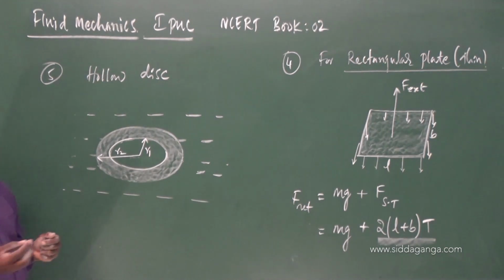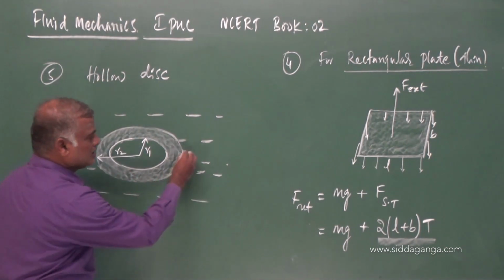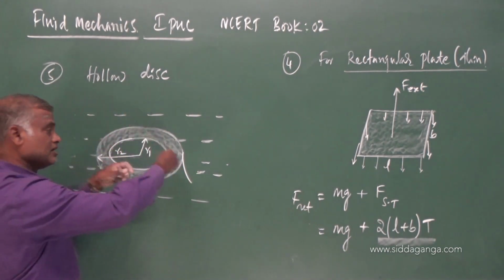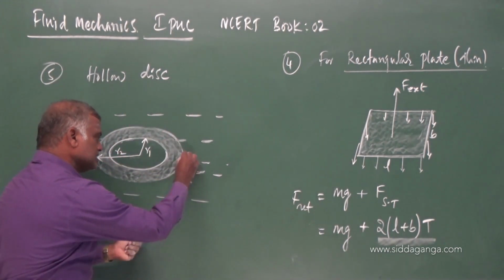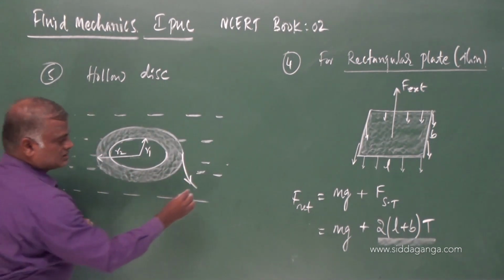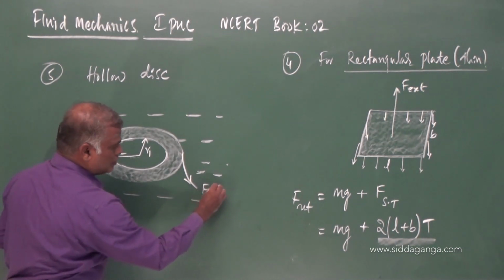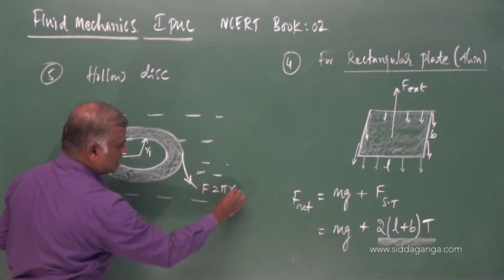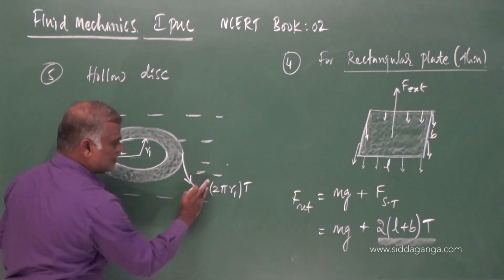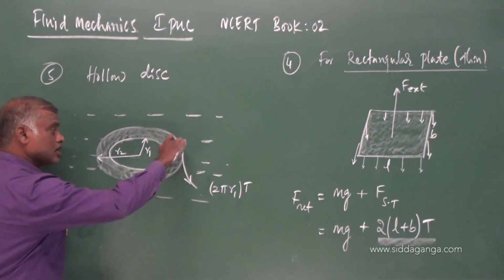Again, as I told previously, when lifted up there is a force due to surface tension, it will drag. That is 2 pi R1 into T, on the outer disk.